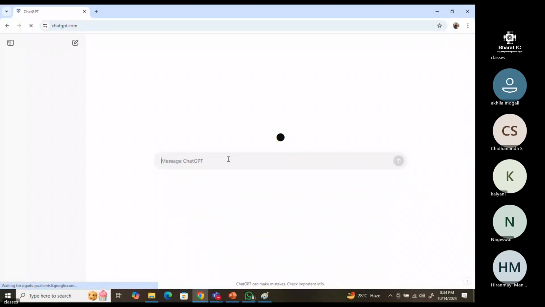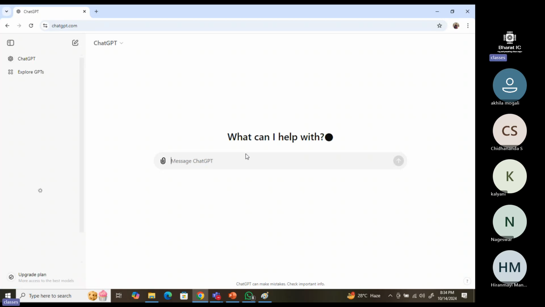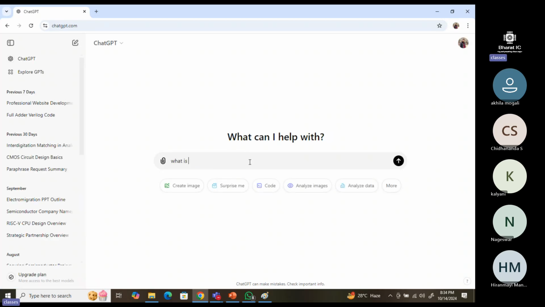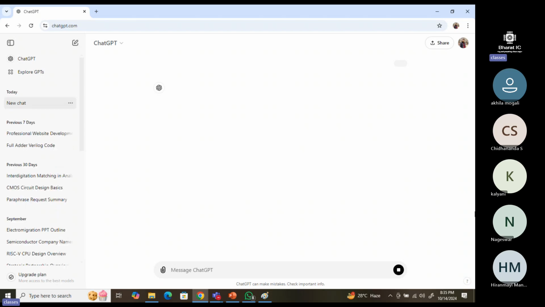Yes, sir. Okay, what is ion beam lithography in VLSI. Just type and enter, it should give you the result immediately. It is much easier to understand. Let it generate, it's generating actually.